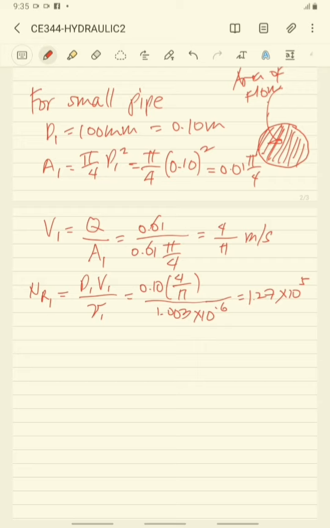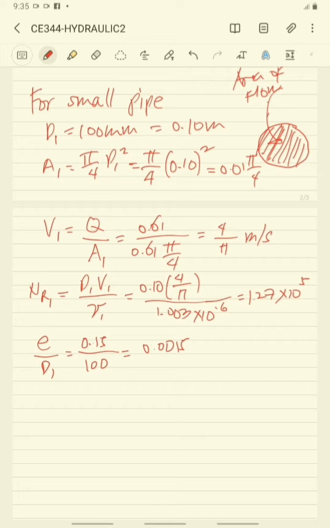So we can also have the relative roughness, 0.5 over 100, which is 0.0015. So we already have our data in getting the friction factor.